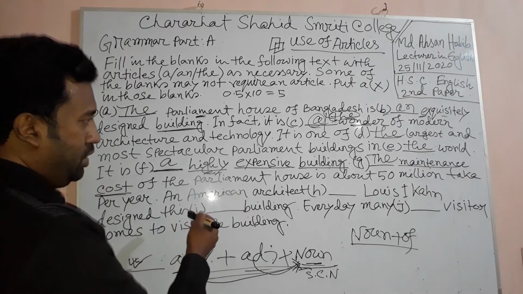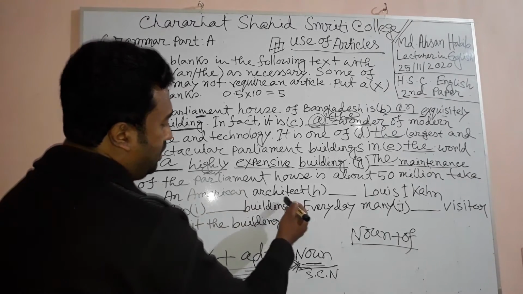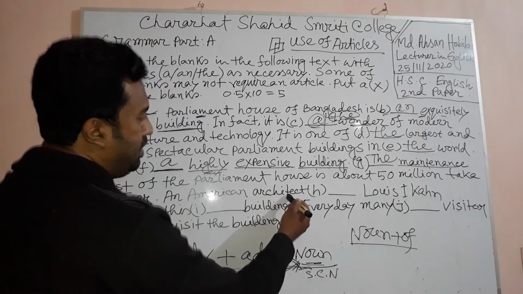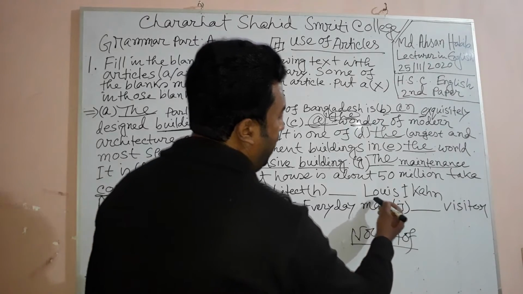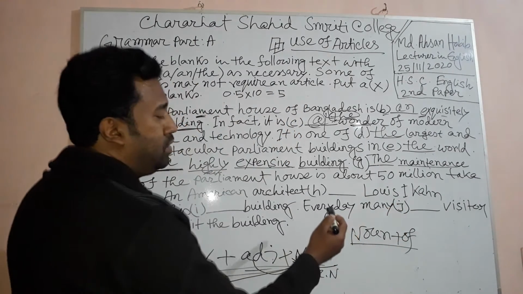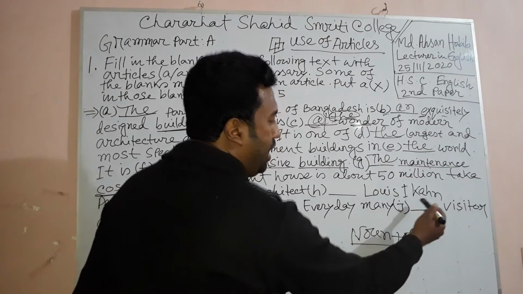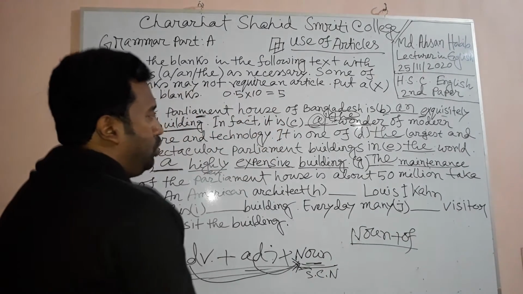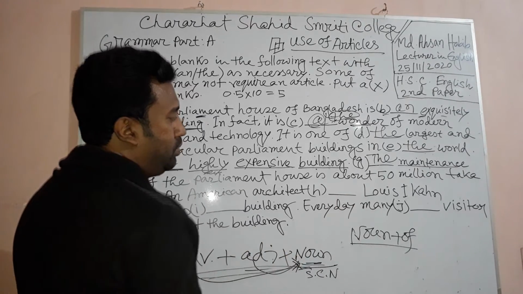So the next one: an American architect is dash. It is a name. The name is pronounced like Louis I Kahn. So what article can we put here?